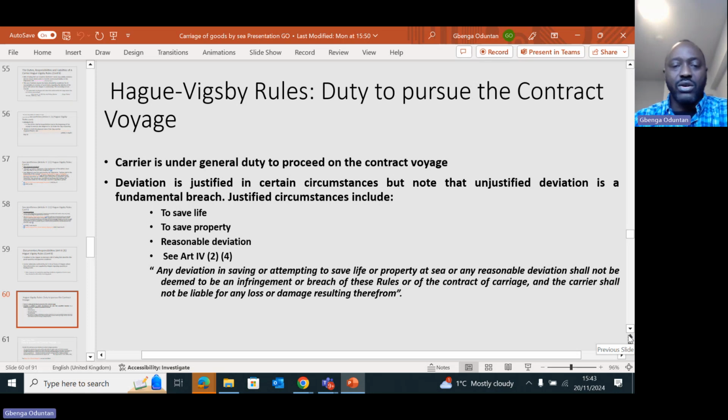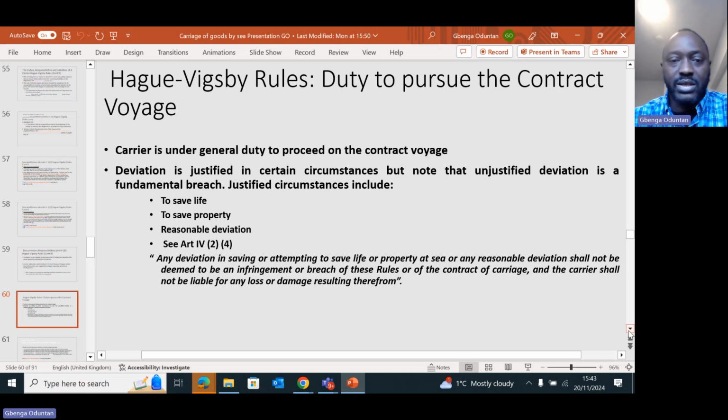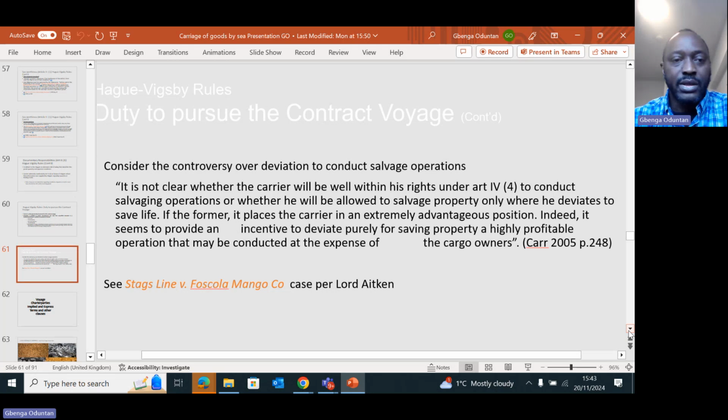So any deviation made to save life or property at sea might be an exception, but the facts will tell us whether that really was the case. And the facts are always interesting in this area. So you have a duty as a carrier to pursue the contract voyage expeditiously and quickly.